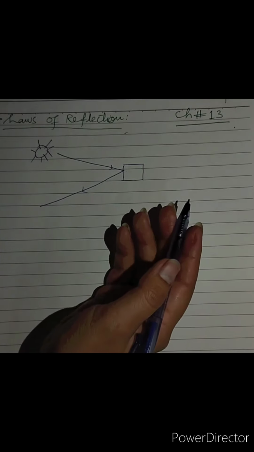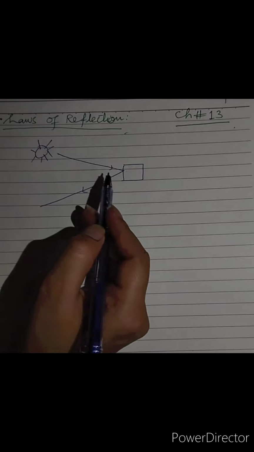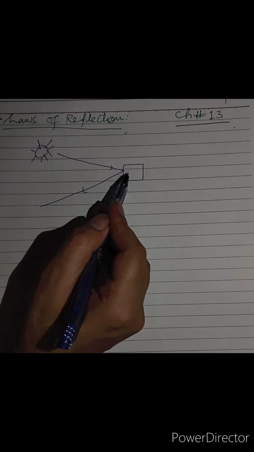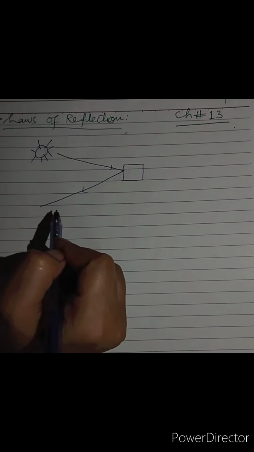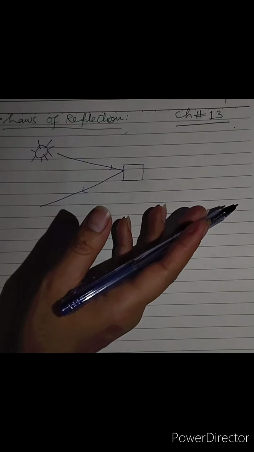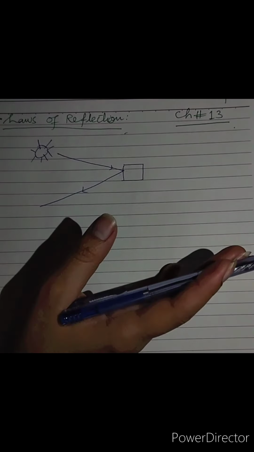Or we can say that when light is spreading from a source and it strikes a medium, then a part of it is sent back into the same medium, or reflected, and some of it is absorbed and transmitted into some other medium. So basically, reflection is what?